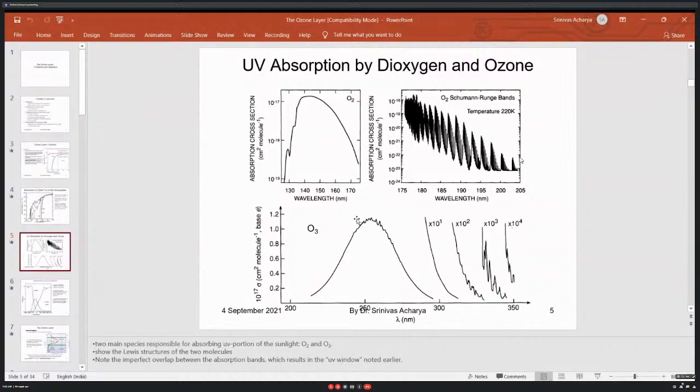Means it can absorb more and more photons, but not with the higher intensity or energy content. Okay, so we'll go for the next. Any questions on this?